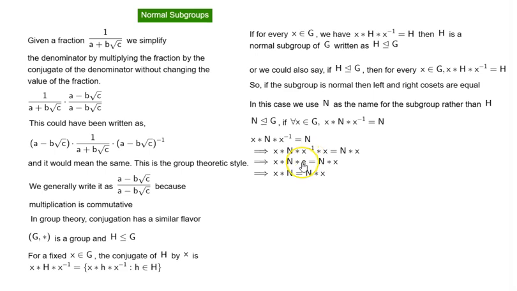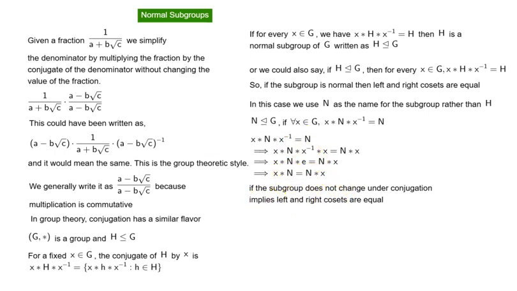This x inverse times x becomes e, and anything operated with e remains unchanged. So we are left with x times N is equal to N times x. And what is this? This is the left coset and this is the right coset, and they are both equal. So that is how we can say that if the subgroup is normal, then left and right cosets are equal. Now, if the subgroup does not change under conjugation, it implies left and right cosets are equal. Based on this, I have written this statement.